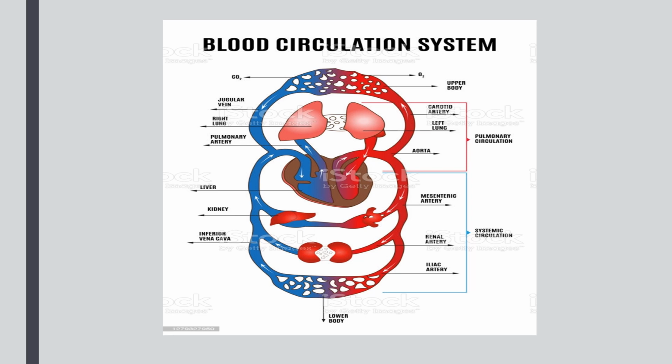Also, we need a network of tubes so that the blood reaches all the cells and tissues in our body. So, this pumping organ and a network of tubes is found in our body in the form of a system which is called the blood circulatory system.